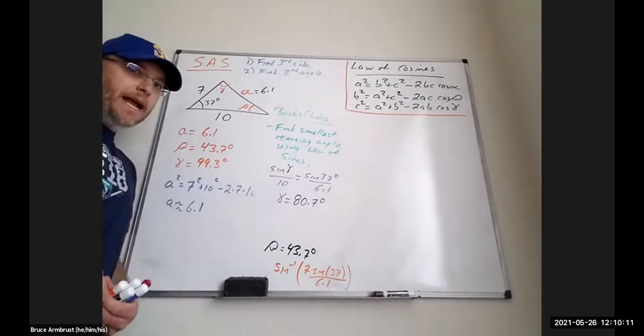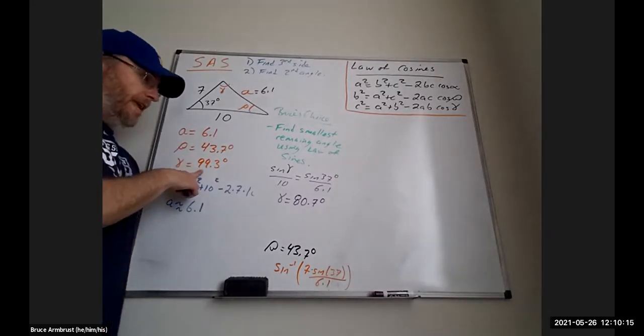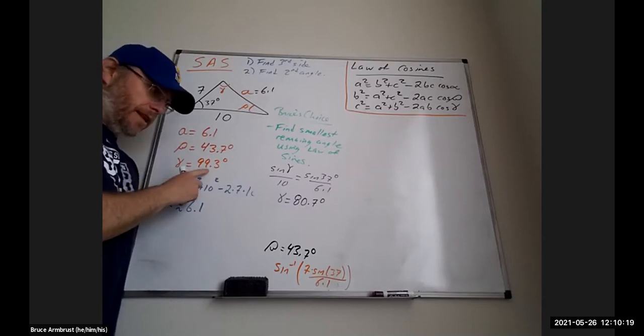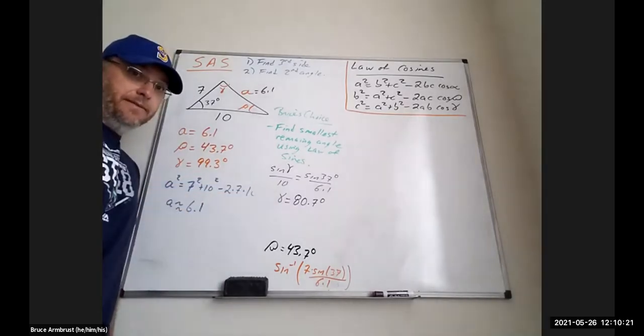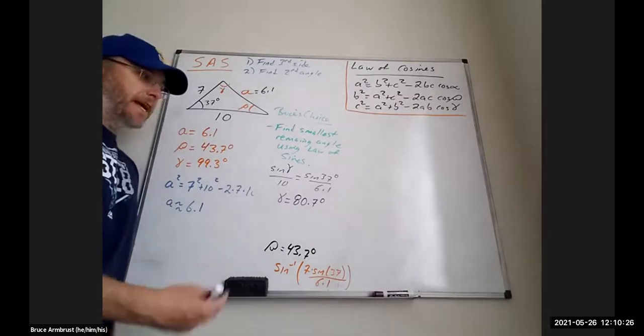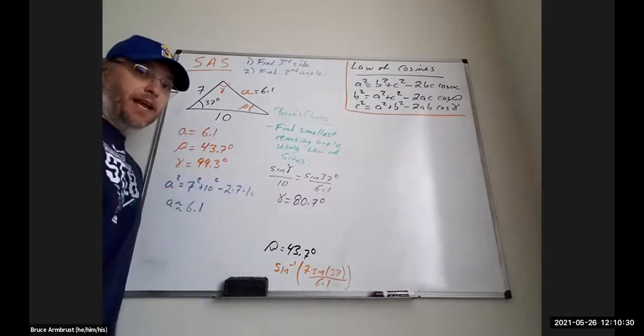And if you look at what we actually found for our triangle, we found that gamma was 99.3, not 80.7. Well, that's because another angle that also works is 99.3.